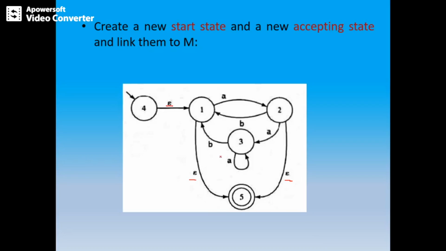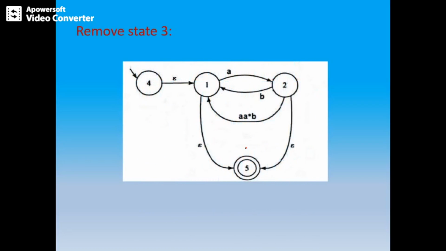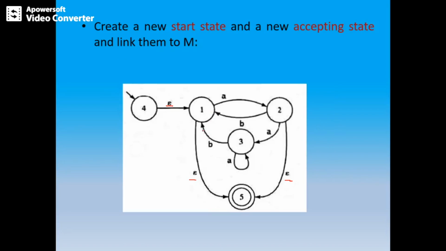Next, ripping. After this, which state to remove? I will remove this particular state. For the first time, rip is 3. Remove state 3. If I remove 3, I will get something like A star B. If I remove this, whatever this transition is going to give should be the same.